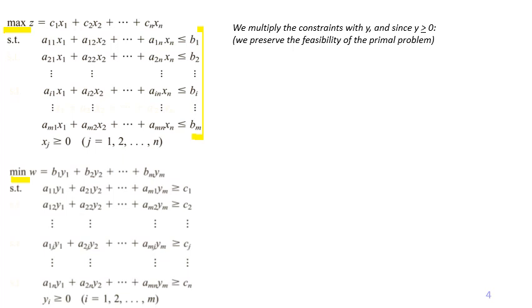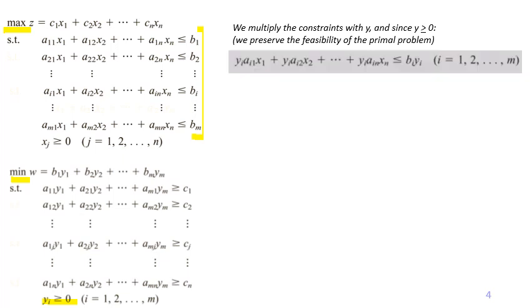Since we know that y must be greater than or equal to 0 from the dual sign restrictions, x is still feasible after multiplying with y, because nothing is negative, so the sign does not change. We just multiply each constraint with the corresponding y, and we get something like this.